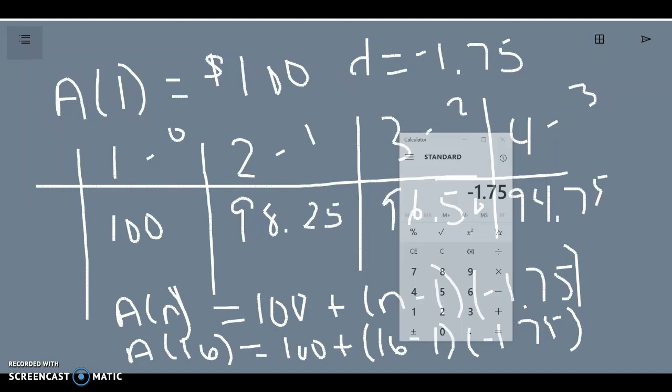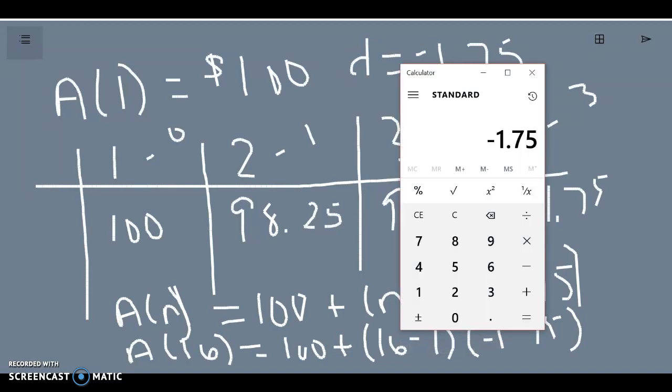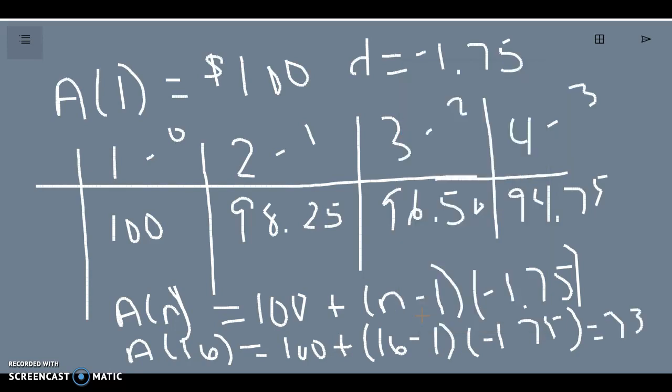So 16 minus 1 is 15. So 15 times 1.75 subtracted from 100 is 73.75. Okay, so after 15 rides I have $73.75 left.